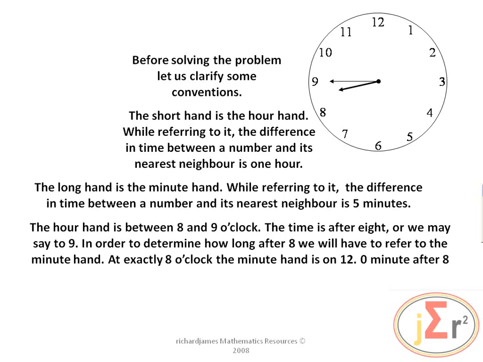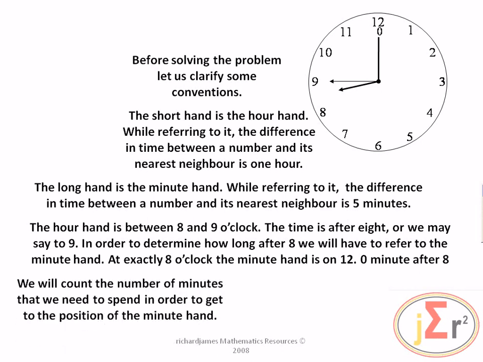So if the hour hand, like we have it right here, is past 8, in order to know how long after 8 we will need to take a look at the minute hand, because the minute hand is going to give us the minutes more precisely. We are demonstrating how the minutes are distributed all around the circular clock.